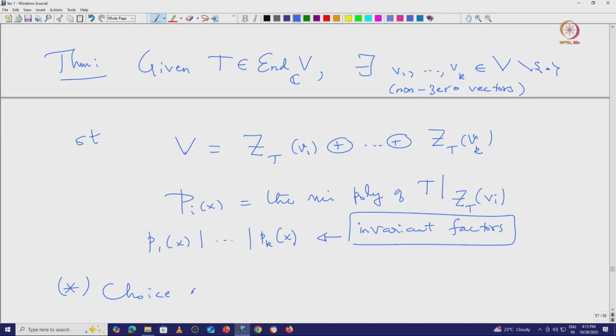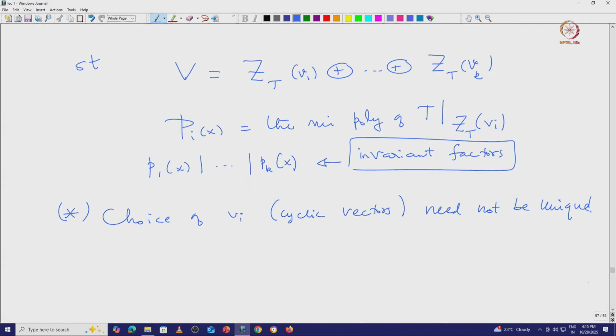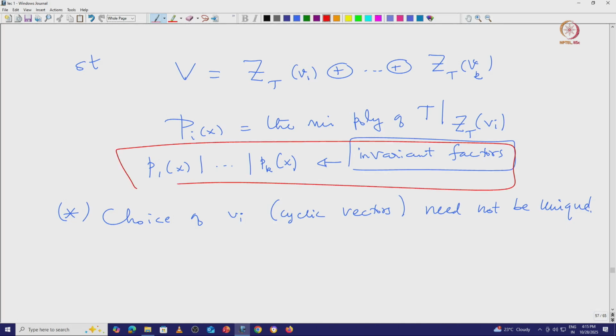Remark: the choice of Vi's, that is the cyclic vectors, need not be unique. But these invariant factors are supposed to be unique.